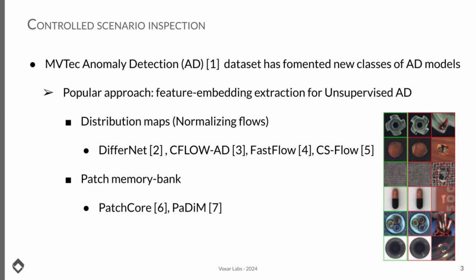As we can see in the methods listed below, they mainly overcome all of the challenges imposed by the MVTec anomaly detection dataset. However, we have many other challenges in the industrial inspection scene.